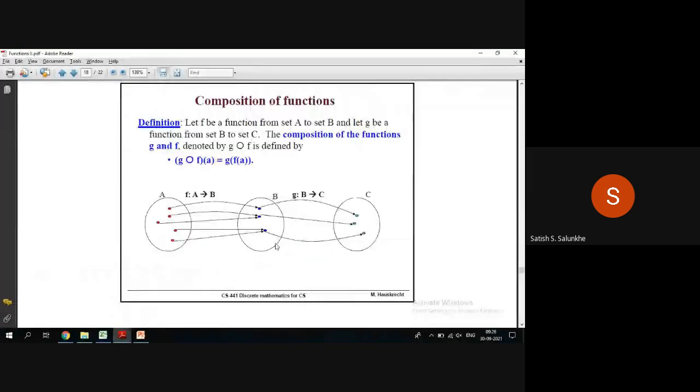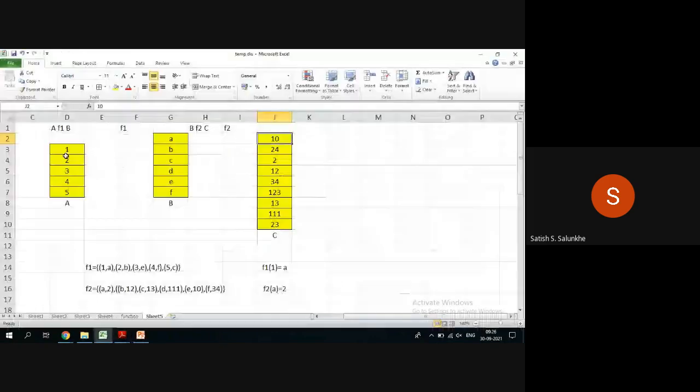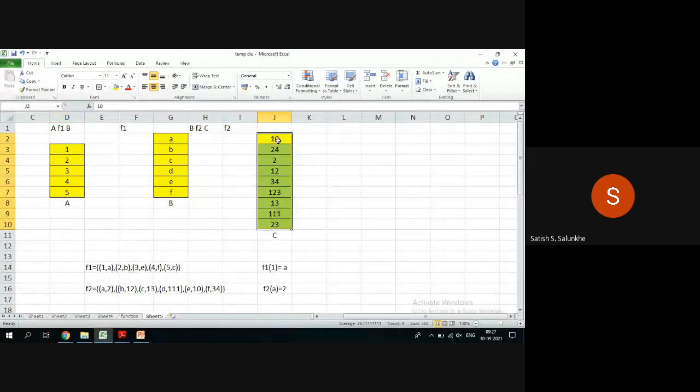what exactly you are doing? You are doing the composition of g of f of a. Means what exactly you are trying to identify. I want to know what is this element. Sorry, this element is mapped to exactly which element. So to get the answer, you know very well this is the codomain and it is having a pre-image in this.